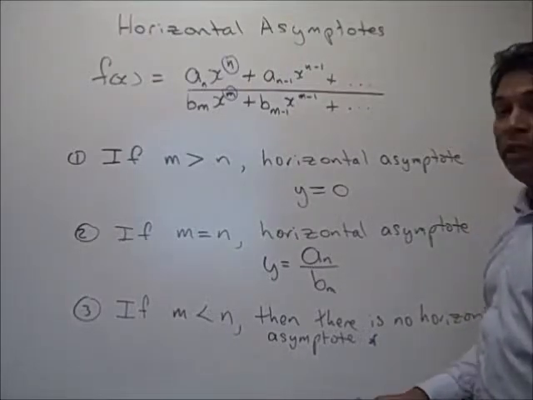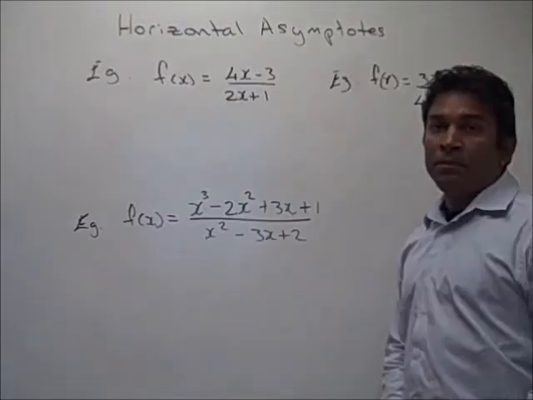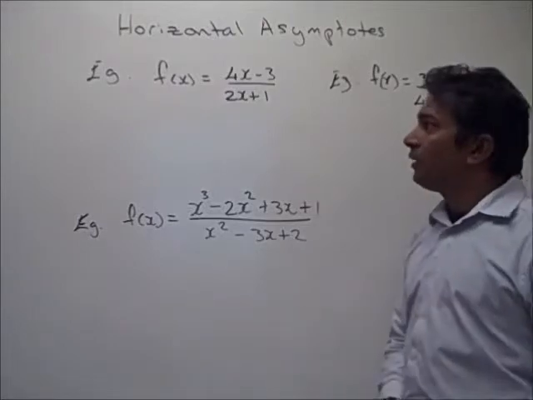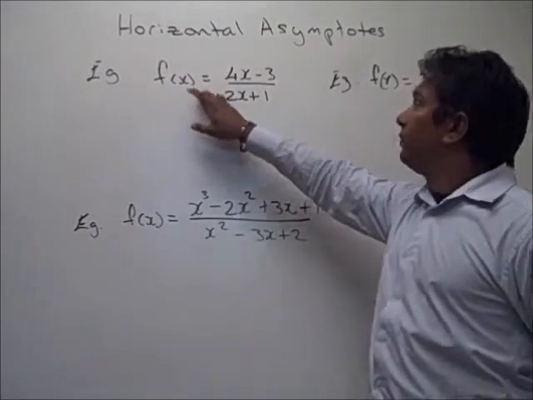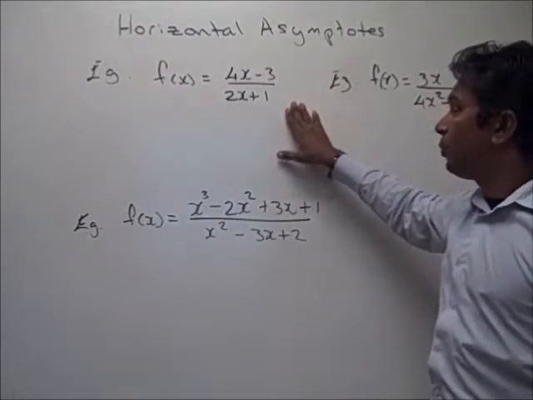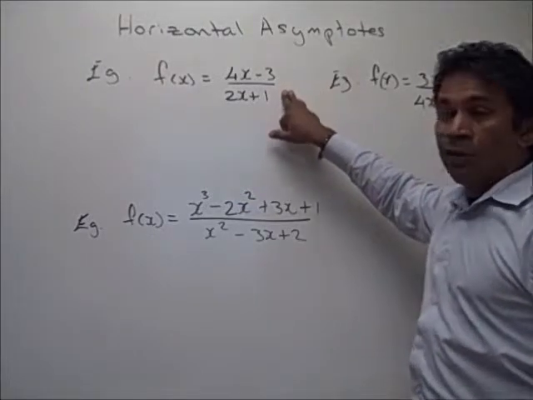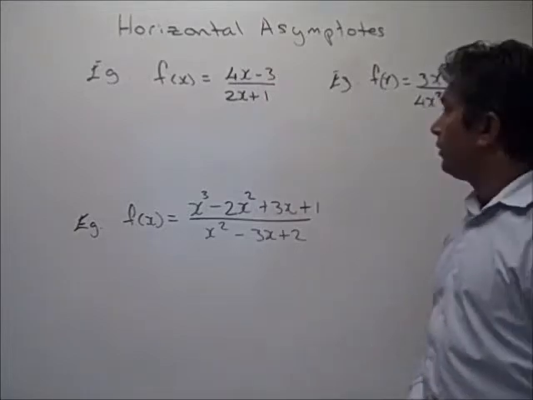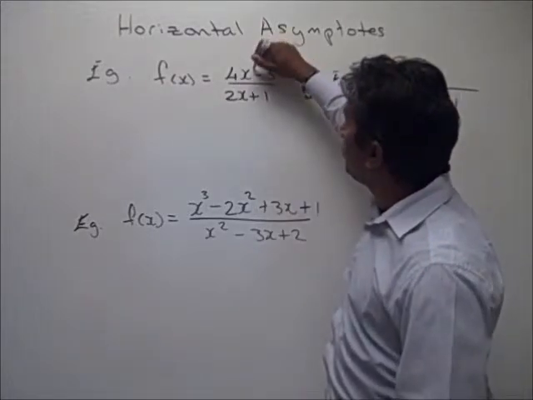We will now look at a few examples demonstrating this process. So here we have three examples of finding a horizontal asymptote. In our first example, we have f of x equal to 4x minus 3 all over 2x plus 1. This is unfactorable in both the numerator and denominator, so this cannot be simplified. We can examine our degrees.